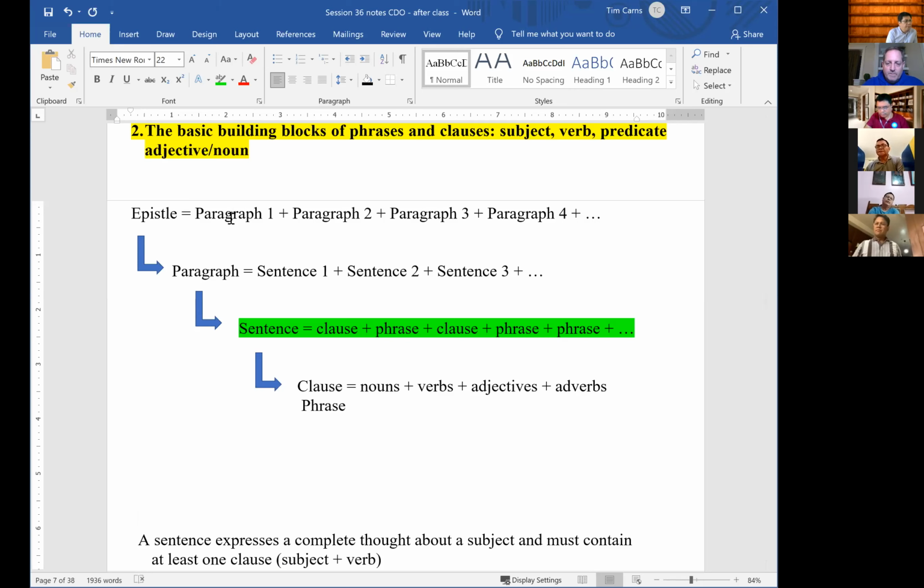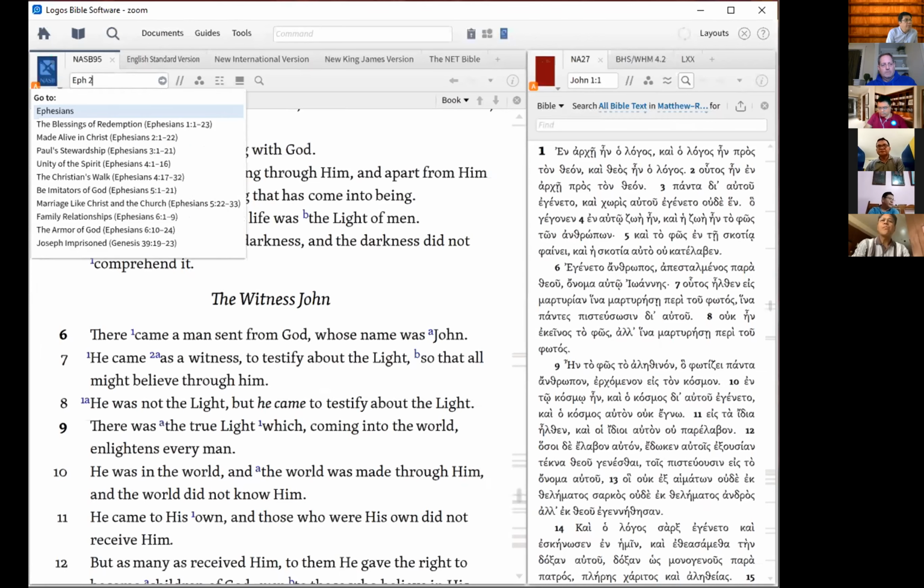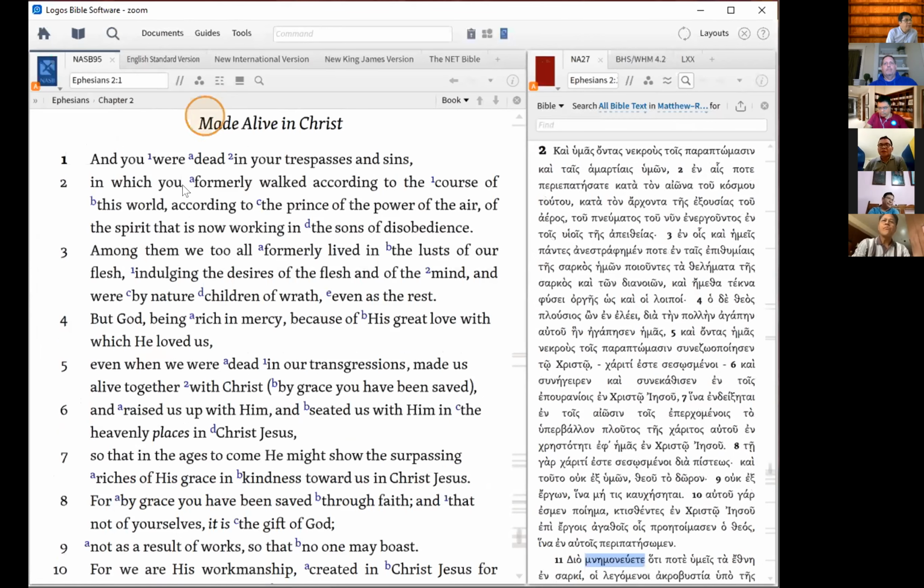All right, let me just show you. Okay, can you see my Bible software? You guys see that? Ephesians 2, for example.